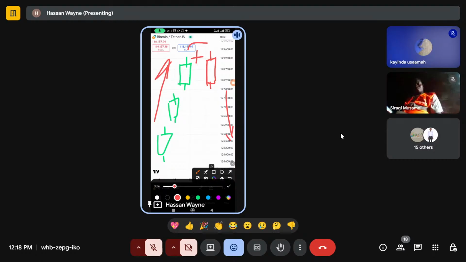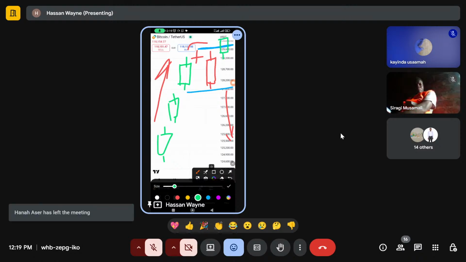Me, I will draw my support here, and I draw my resistance above here. If I get another green candle that forms like this and breaks my resistance here, it means this was a fake out.